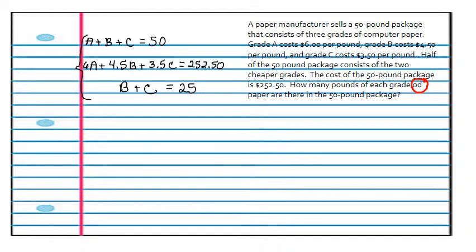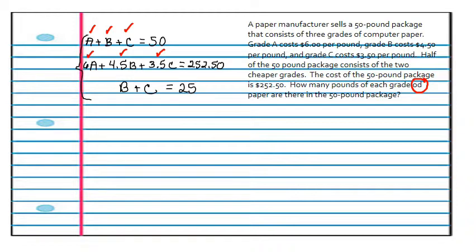Okay, so here ends up being the setup: we know that grade A plus grade B plus C equals 50 pounds. There's always kind of 2 parts that happen in here. We also know that each has a value to it: $6 a pound, $4.50 a pound, $3.50 a pound, and that equaled the money amount, so we have money going on.